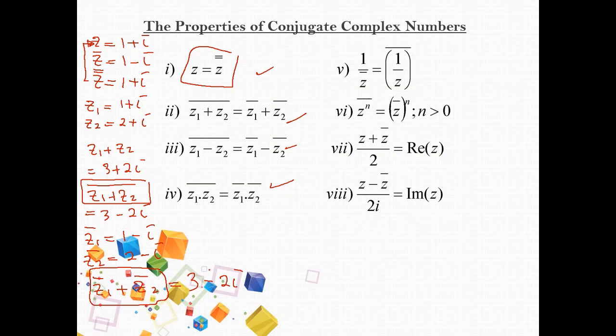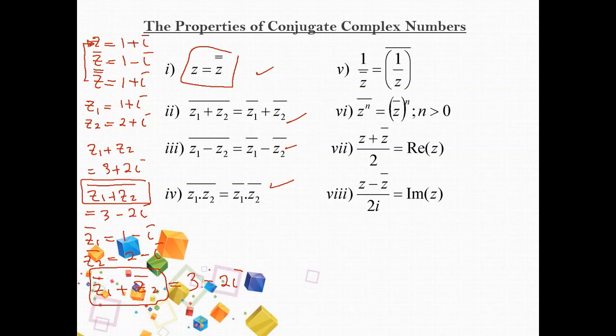Alright, the conjugate of the complex number z to the power of n is equivalent to the conjugate of the complex number to the power of n. Find the conjugate of the complex number first and then find the power, where n is always a positive integer: 1, 2, 3, 4, and so on.